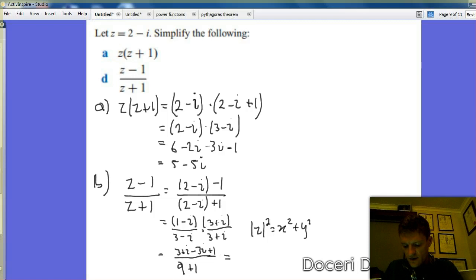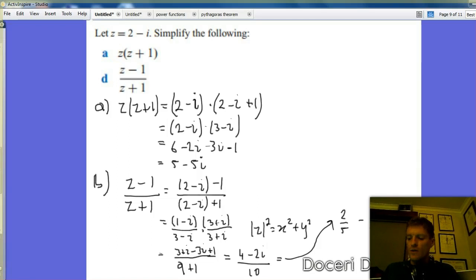Finally, we have 4 minus 2i all over 10. Fortunately, we've got all common factors there of 2. 2 over 5 minus 1 over 5i as our final result.